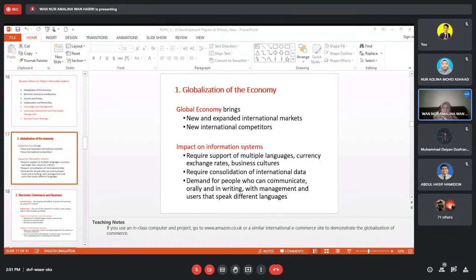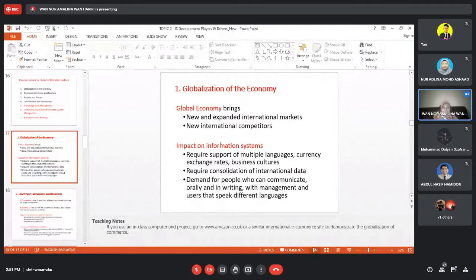Then, okay, so what happens? The globalization of the economy, how does it impact information systems? It requires support of multiple languages, currency exchange rates, and business cultures. I know that you are so well versed with Shopee. So sometimes if you want to know more about a product and that product is from China and you want to chat with the seller, Shopee will normally notify you that you are about to communicate with an outside seller.